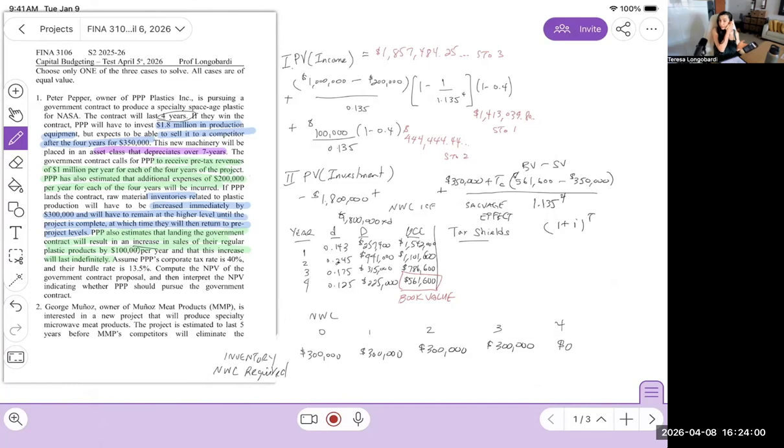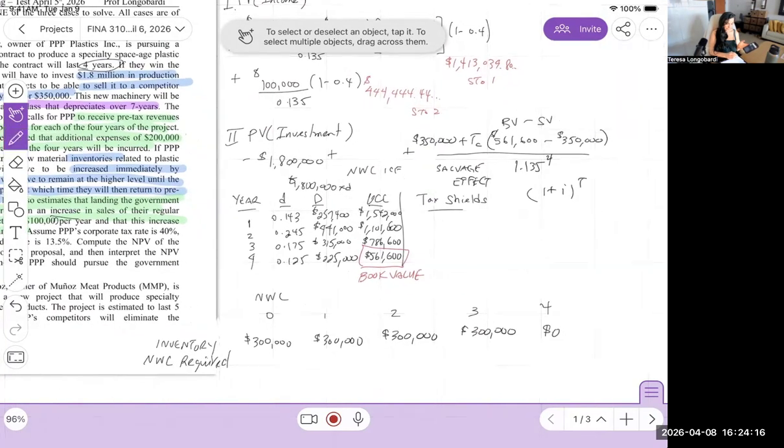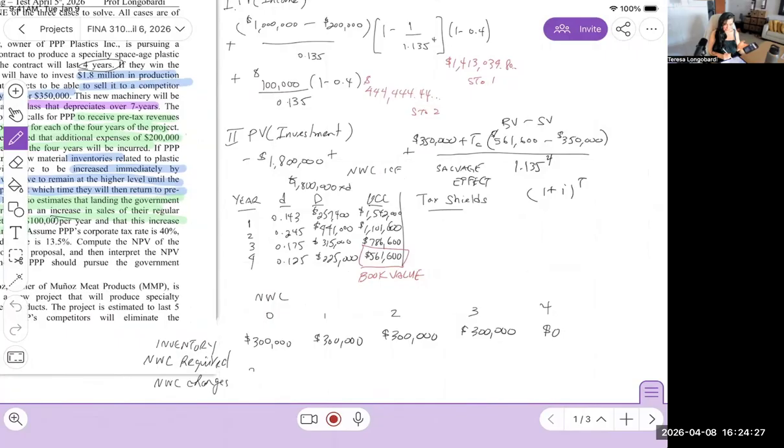So we still have to complete the steps, right? For the incremental, getting the incremental cash flows and then converting them to investment cash flows. So net working capital changes. What would that look like? Gotta make this bigger. So net working capital changes are going to be initially a change of additional 300,000 for this project.